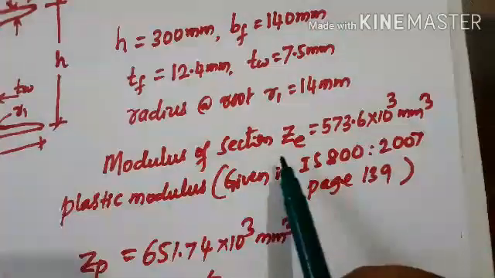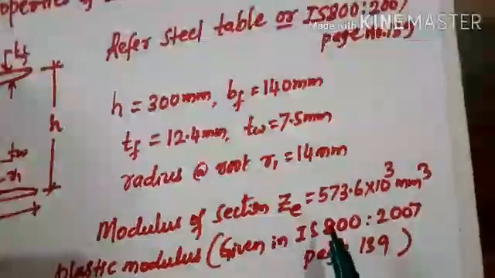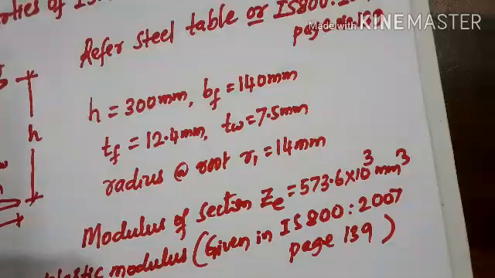Then the modulus of section also you take; it is given in the steel table. I'll show you here for ISMB 300.